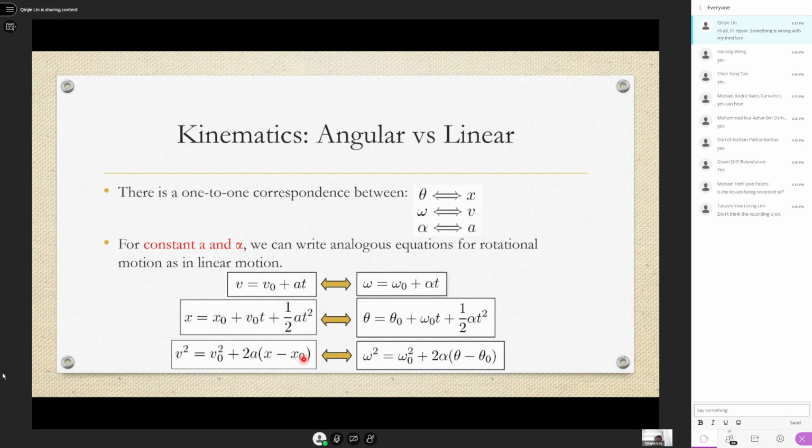You can go and write it out on your own. Basically, there are four equations analogous to these four equations. Everything that you can change to angular quantity, change. Only one thing you don't need to change is time, because there's no such thing as linear or angular time. Time is just time. Then the rest will be changed from linear quantities to angular quantities, and it will be correct.